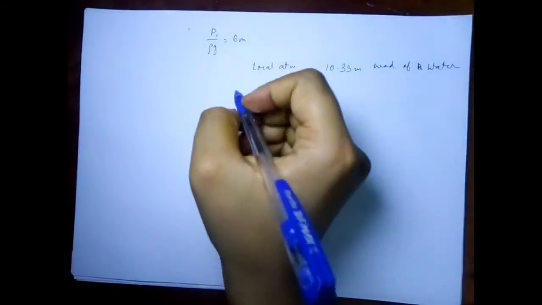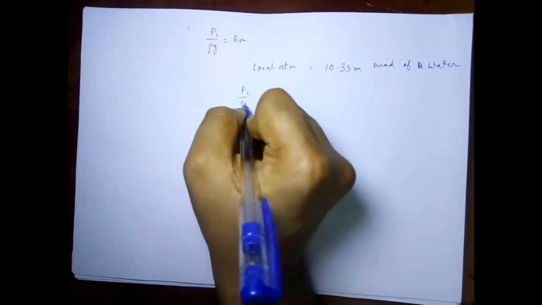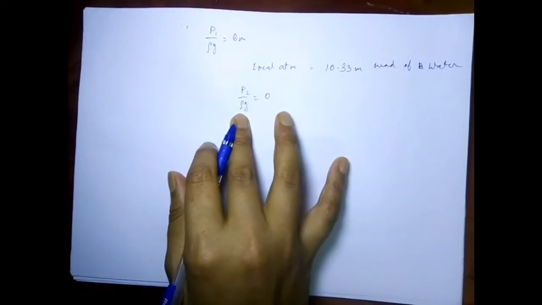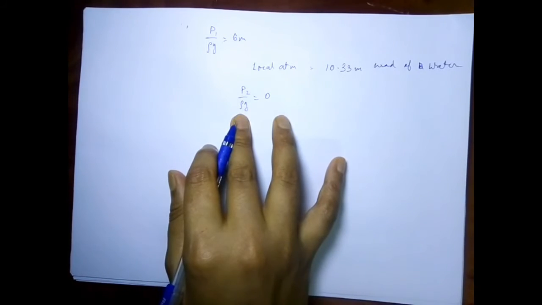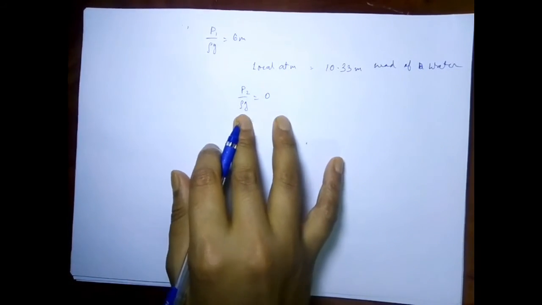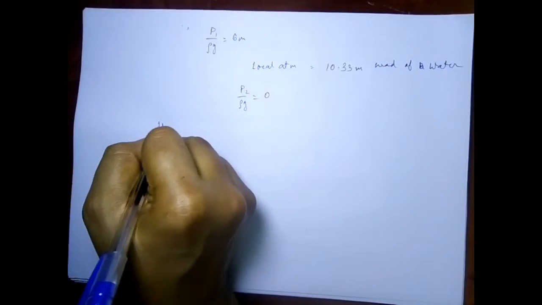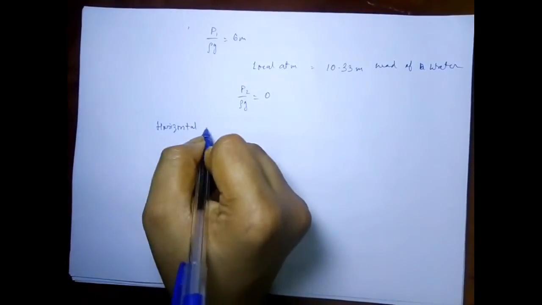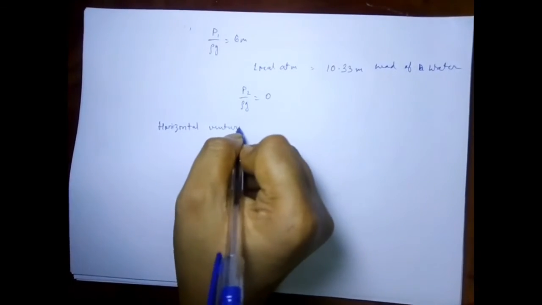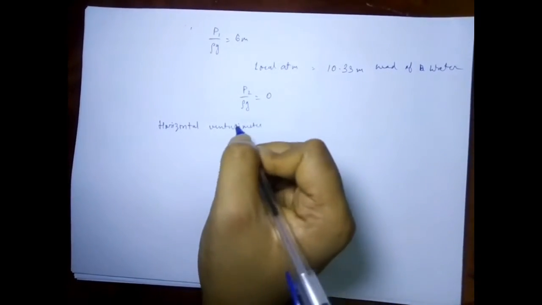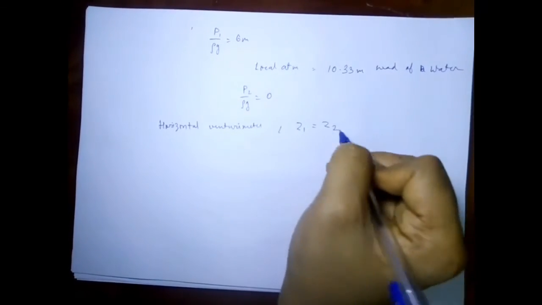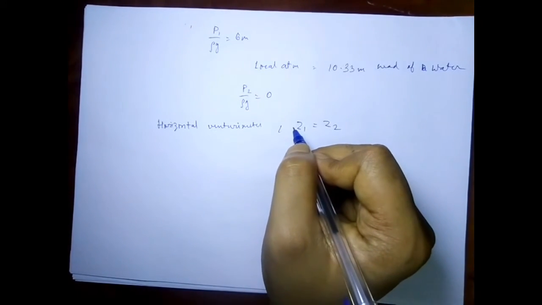So I can write that, assume that P2 by rho g shall be equal to 0, that the final pressure head shall be equal to 0. And also the venturimeter is horizontal, so Z1 is equal to Z2.